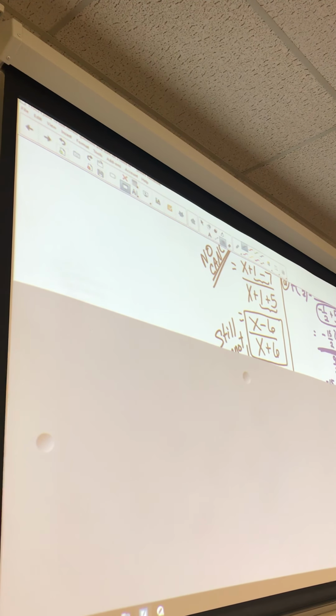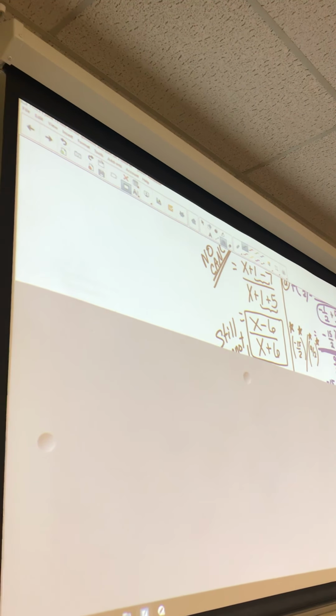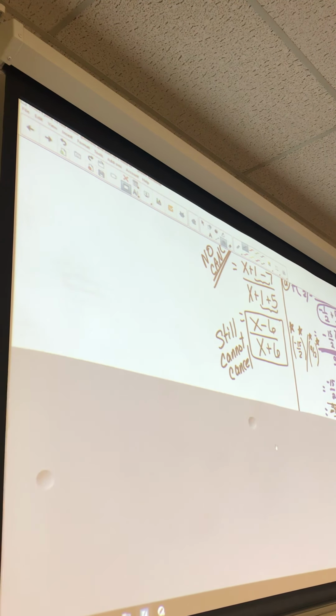You would put parentheses, the -15 halves, parentheses, and then your big divided by, and then parentheses, the 9 halves, and the parentheses to get it correct, and then enter. You would just have to do those parentheses to grab your calculator right there.